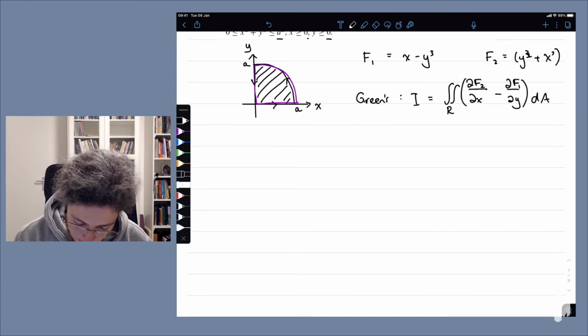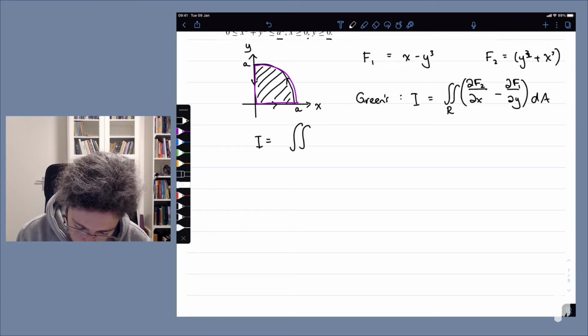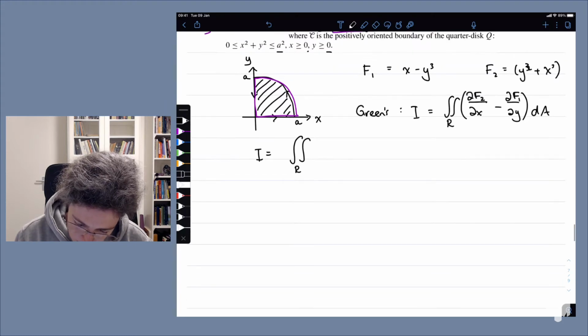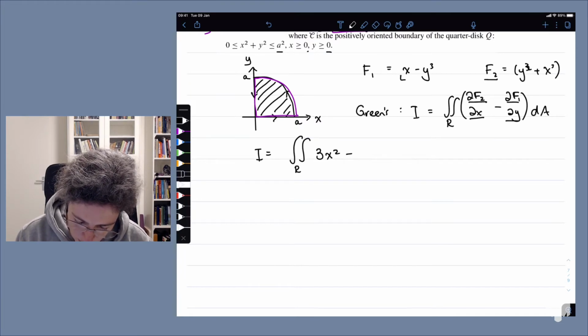Well, this becomes something quite nice. So we want f2 differentiated with respect to x, which gives us 3x squared, and then we subtract off the derivative of f1 with respect to y, so that's going to be plus 3y squared.